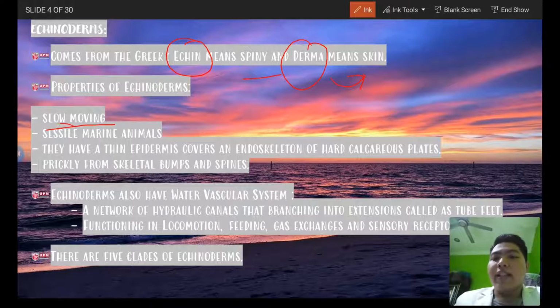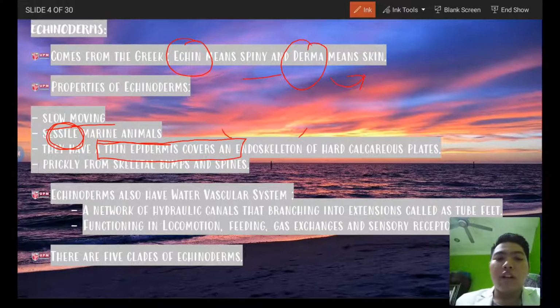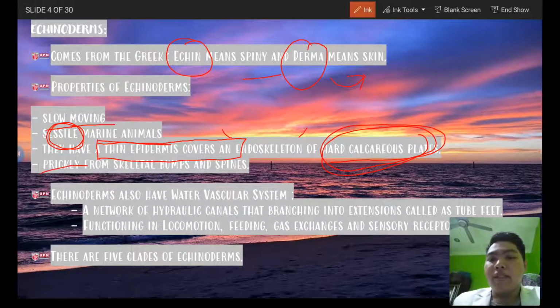Next, they are sessile marine animals. Also, the most important part is that they have a thin epidermis covering an endoskeleton of hard calcareous plates. Next, they are prickly from the skeletal bumps and spines, so they are very spiky. Like the sea urchin, some of them are not that spiky, but some are very spiky.